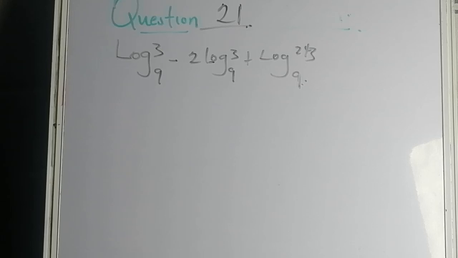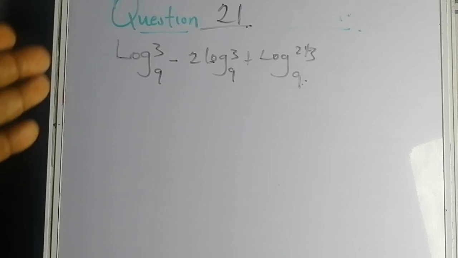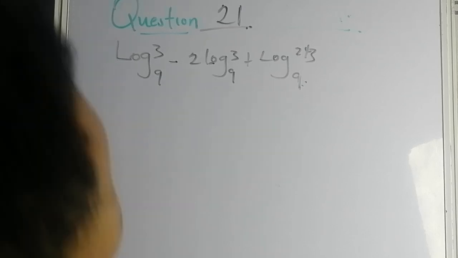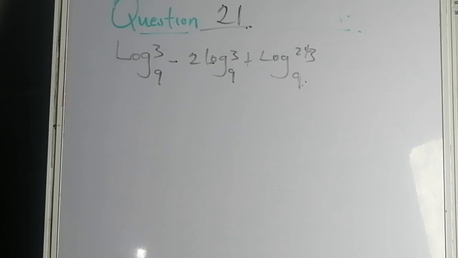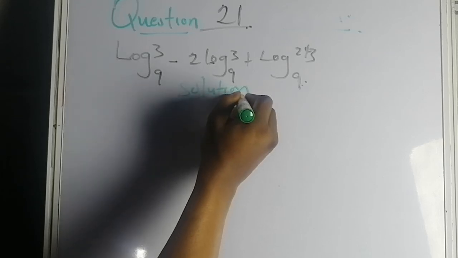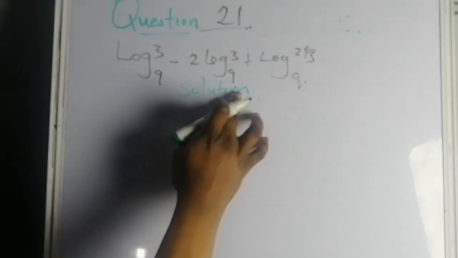Like I said, analyze first. All these are log base 9. So what we just need to do is apply our law of logarithm. It's as simple as that. So from here, we have the solution.